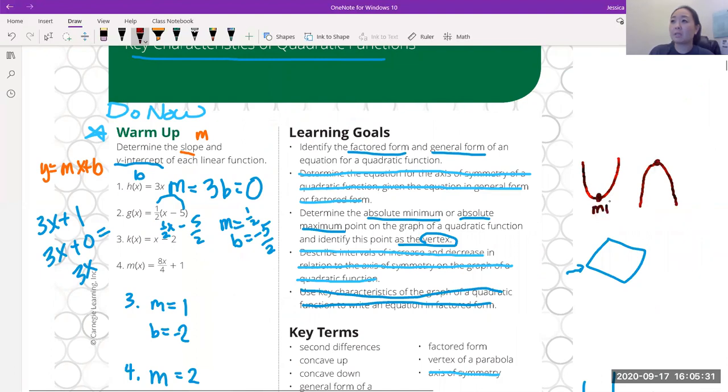So min, max. The reason why it says absolute is because there are some graphs, not right now, that are going to look like this, like a mountain. So this one would have two maximums. The highest one would be the absolute maximum, because that's absolutely the highest. This one would be a relative minimum, because relative to all the other points around it, that's the highest.